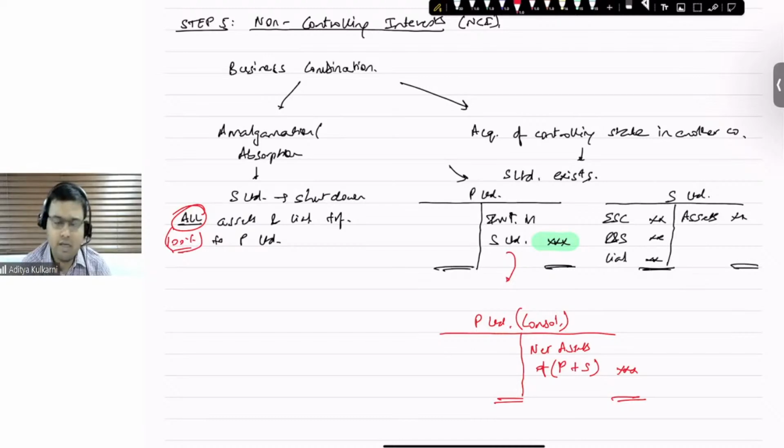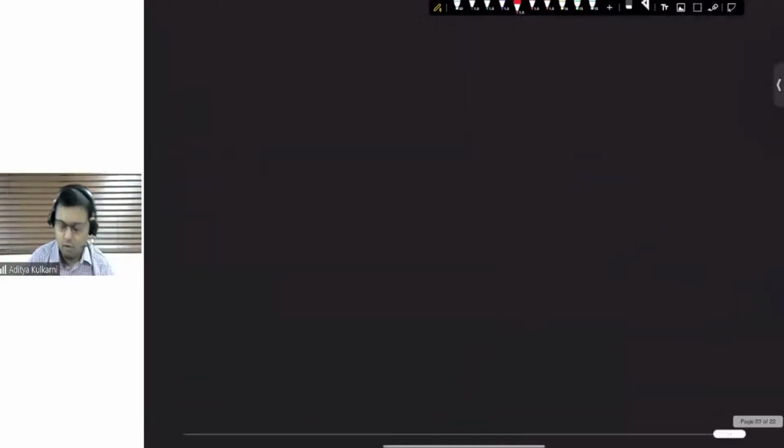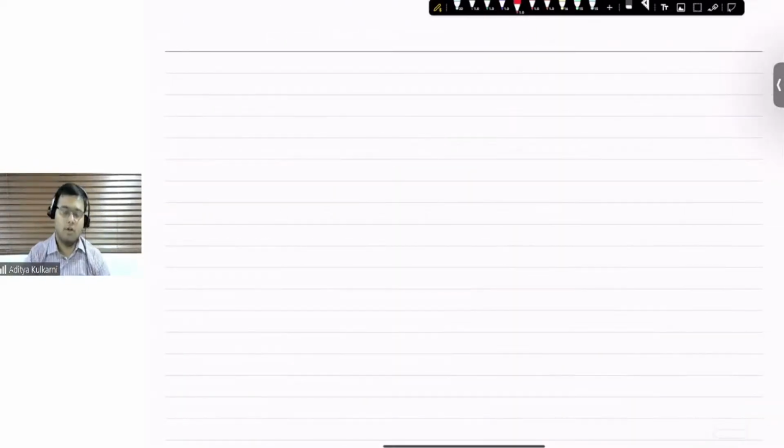But since they don't have control, we will be calling them a non-controlling stake. Okay. So now let us move on to understand more and more about non-controlling interest. And this is where things are going to get slightly, I won't say difficult, but slightly different compared to what you have studied. Okay.